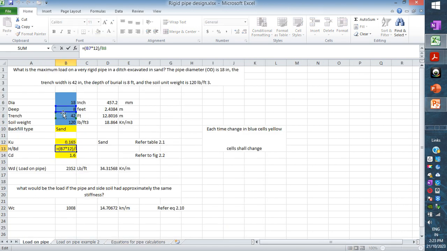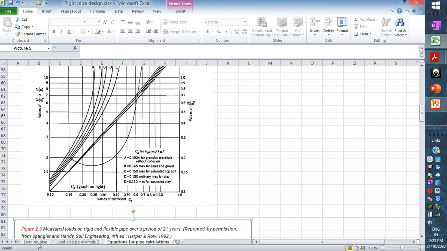H by BD is from here. H is the height and BD is the width of the trench. From H by BD we go to the graph here. H by BD is 2.28.